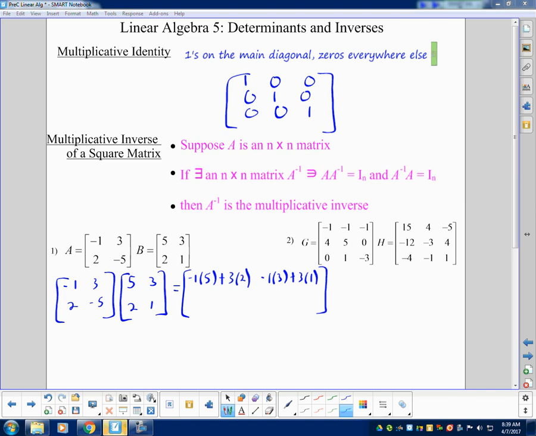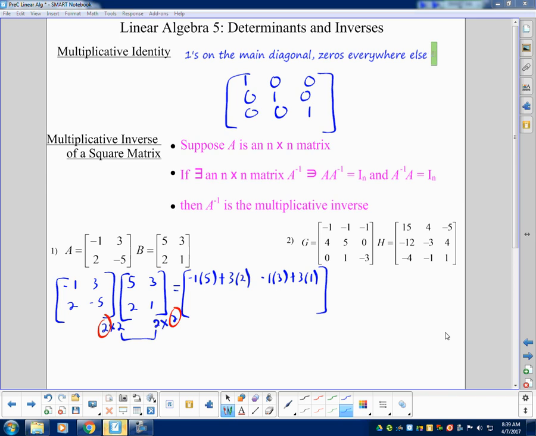By the way, just as a review, what's the order of this matrix? 2 by 2, and this is a 2 by 2. The inner ones must match to be able to multiply them in the first place. The outer ones tell you the dimensions of the new matrix. I think that's helpful to know. It's helpful to know what size matrix you're going to end up with as you go through this process.